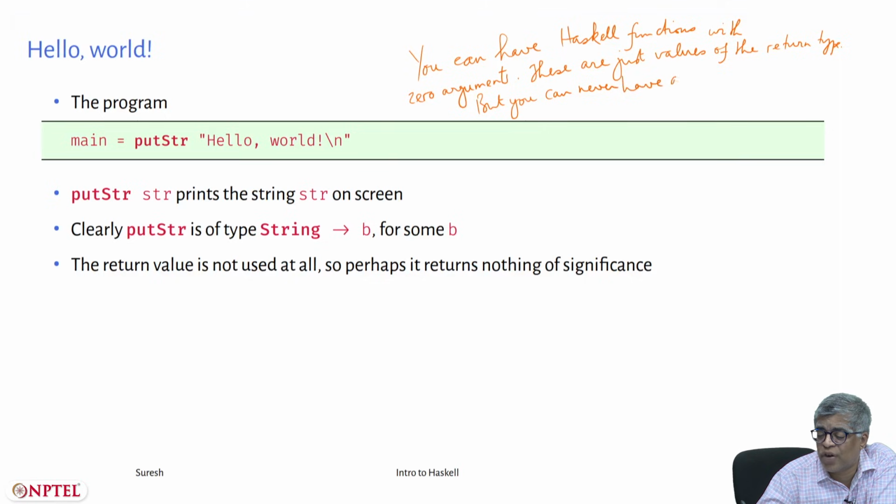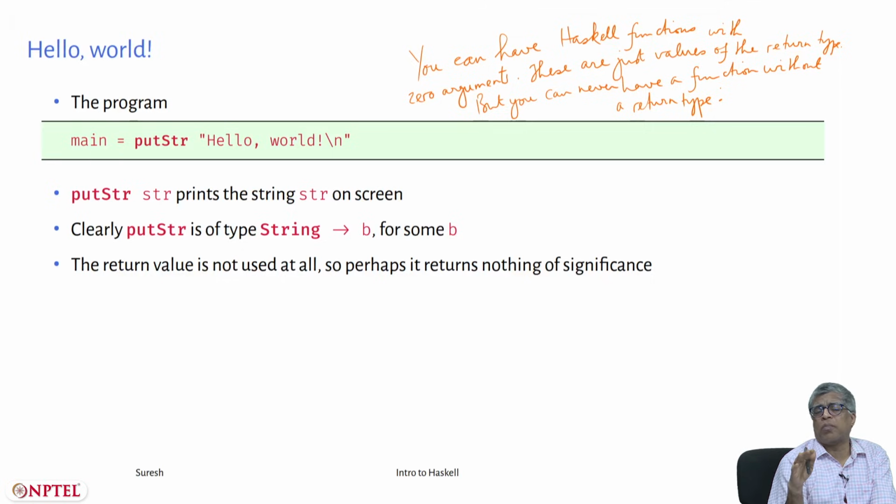You can never have a function without a return type. Return type means some object is returned, but what is the object that is being returned here?